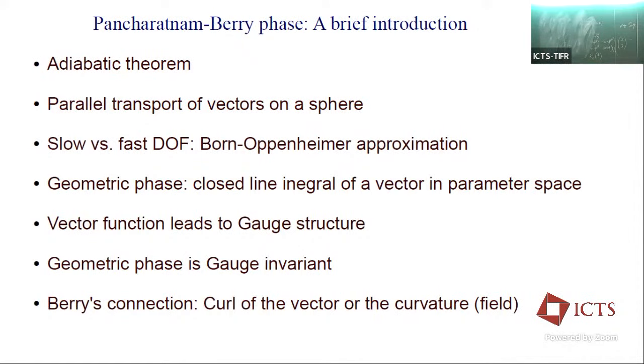So this parameter could be any parameter. In molecular physics, this parameter is the internuclear distance, the internuclear vector, and the fast variables are the electron variables. This depends only on the geometry and the path on which you calculate this closed integral.